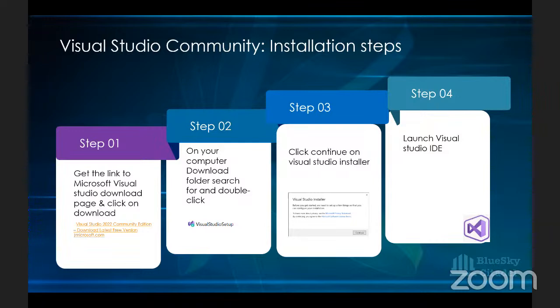It is really, really easy and simple to install. And once you are at step 3, please note, it can take a while for some people to finish up. From experience, if your laptop is very old or you don't have enough storage space, you could meet with some glitches, which is expected. But in the end, you would get there, and then you'll be able to launch your Visual Studio IDE.